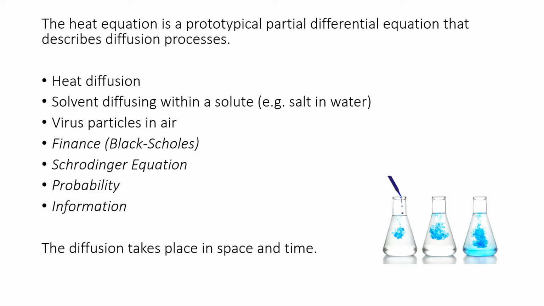There are plenty of other examples for heat equation type processes outside of physics and biology. For example, in finance, we've got the so-called Black-Scholes equation, and in quantum physics, we've got the Schrödinger equation, and the heat equation is also important in describing processes in probability theory and information theory. So there's an abundance of applications for that.